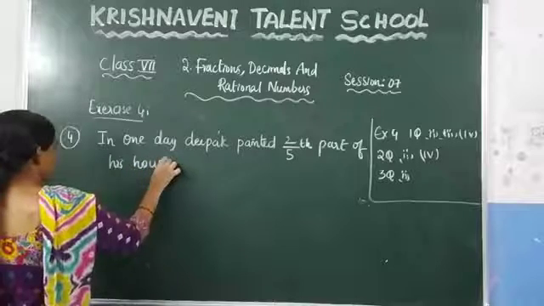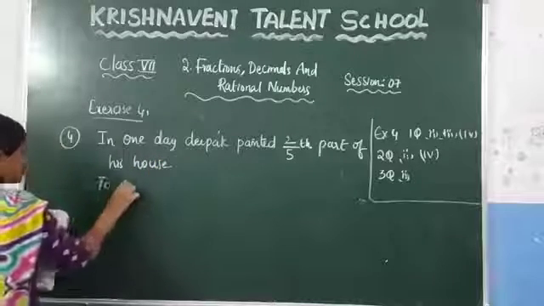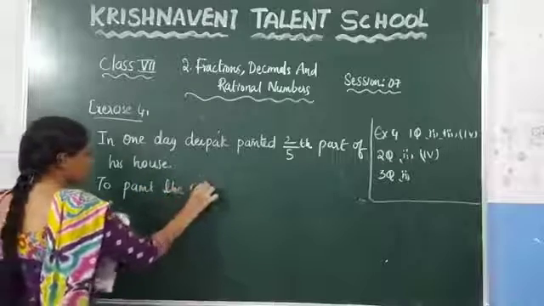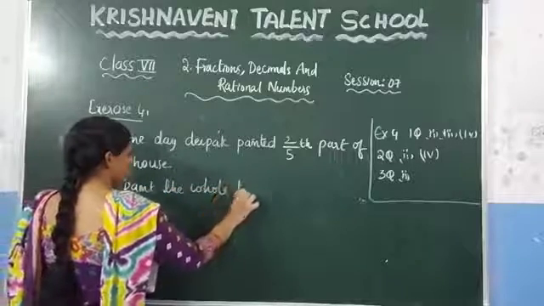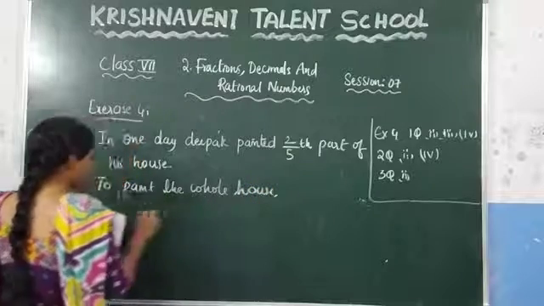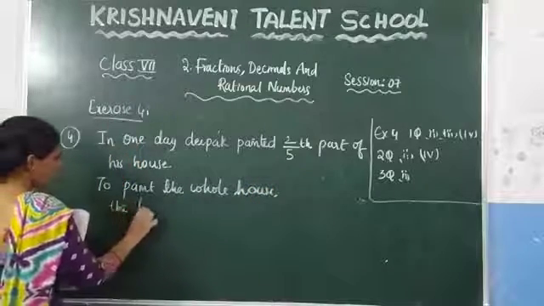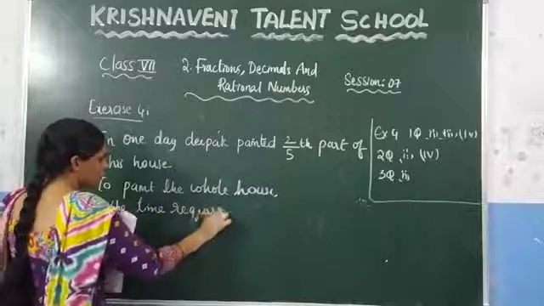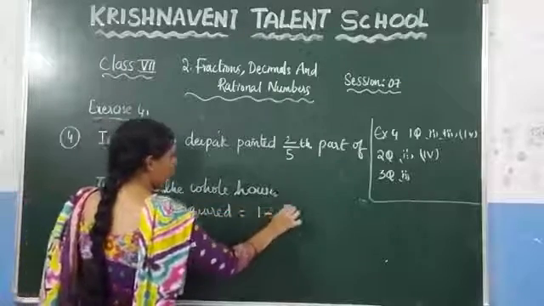So, to paint the whole house, what is the time required? The time required is equal to 1 divided by 2/5.